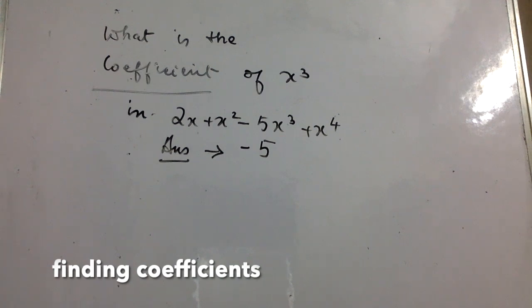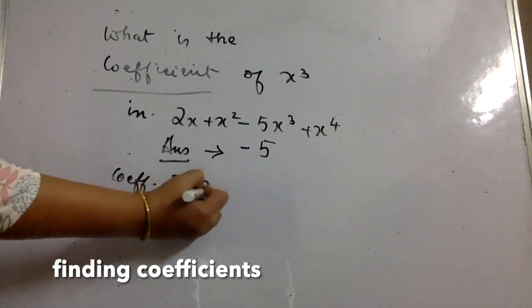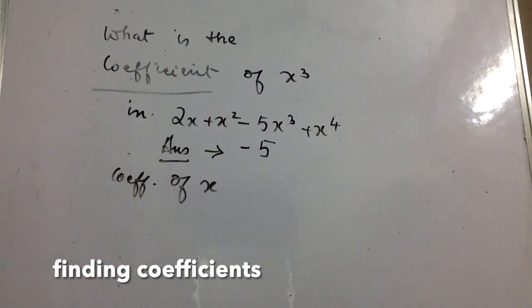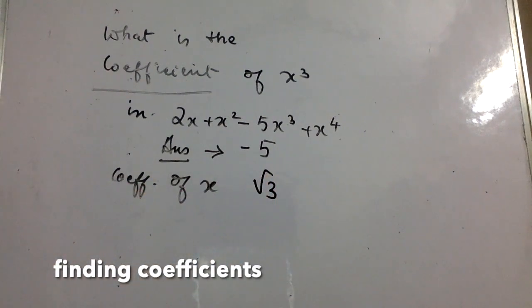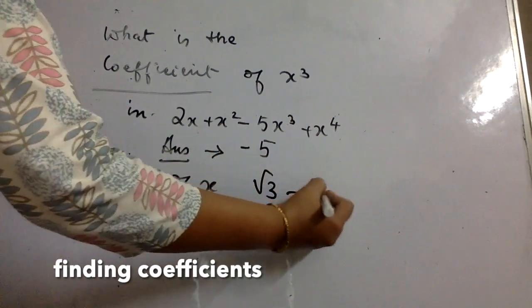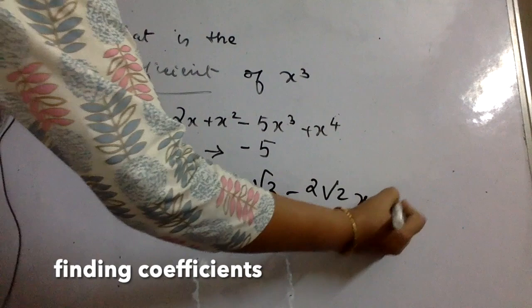Okay. Now, what is the coefficient of x in this? Coefficient of x they are asking. Now, let's see what the polynomial looks like, because these polynomials sometimes create a lot of confusion. Root 3 minus 2 root 2 x, okay, you must have an x term, otherwise you can't find it, plus 4x square.